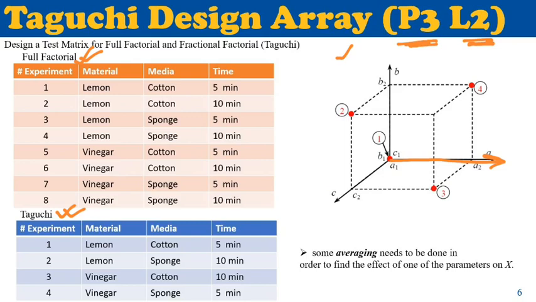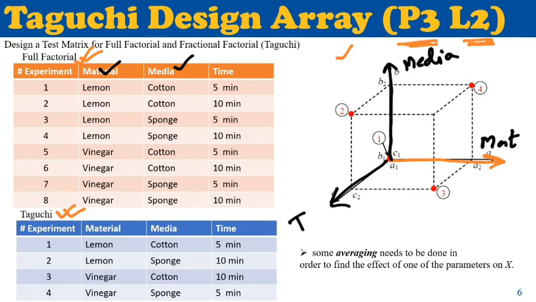The B, the y-axis here, is your media. And then your C-axis is your time.